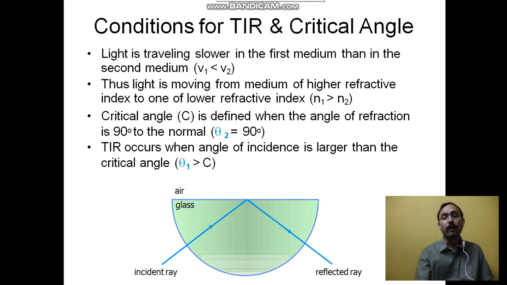So theta 1 is the angle of incidence that is more than the critical angle, for which total internal reflection will occur when light is coming from a denser medium to a rarer medium.